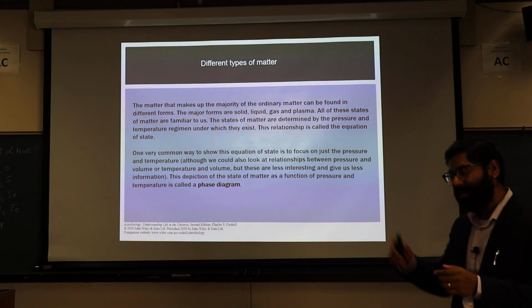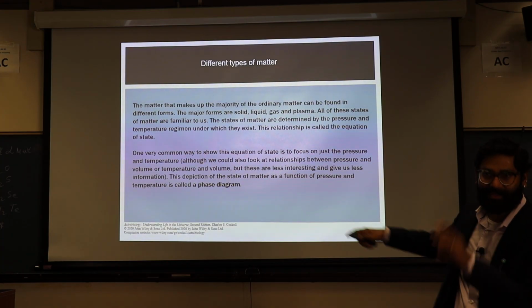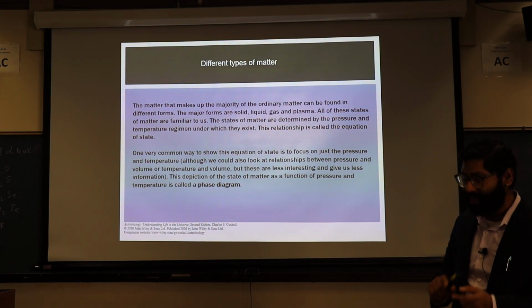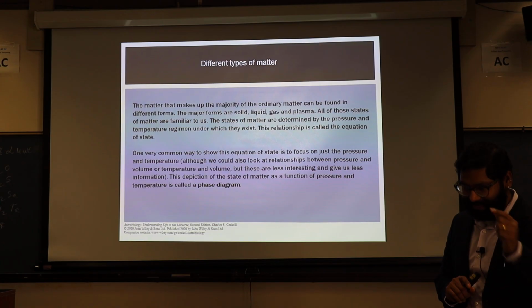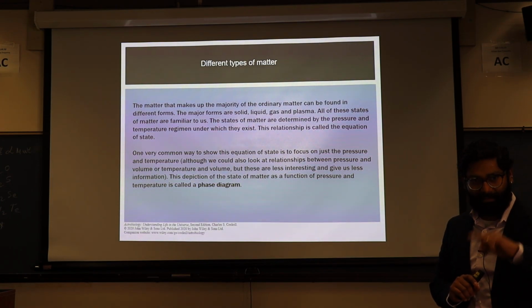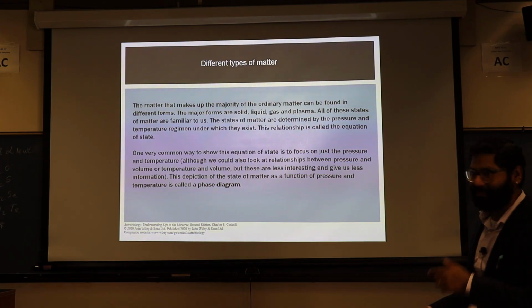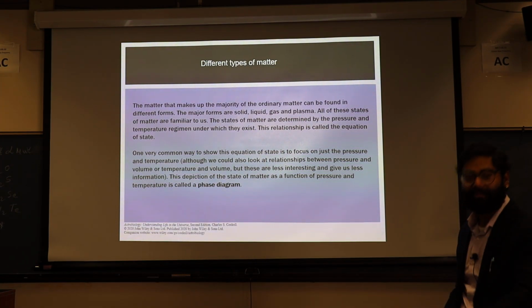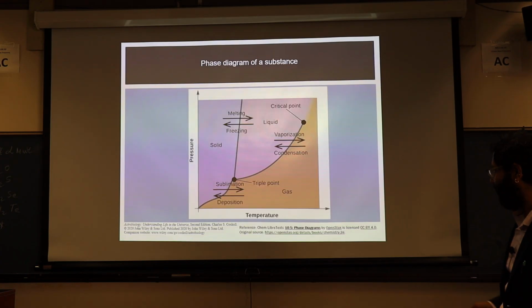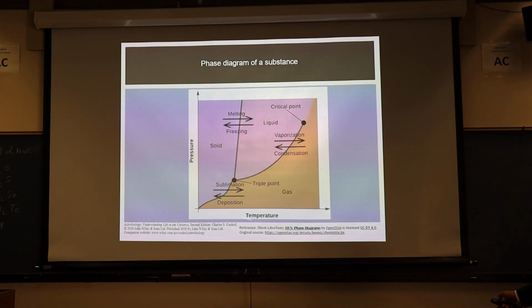So we are going to see the PT phase diagrams, not considering the volume. We can also have VT diagrams and PV diagrams. Okay, for our purposes, we'll just look into pressure on the y-axis and temperature on the x-axis, something like this.